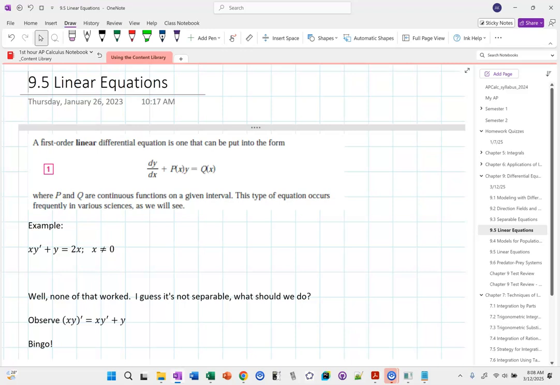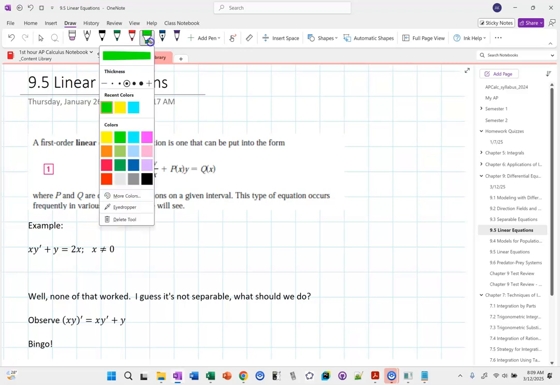So a first order linear differential equation is of the form dy over dx plus p of x, a function in terms of x, times y equals q of x, just another function in terms of x. Everybody's okay?